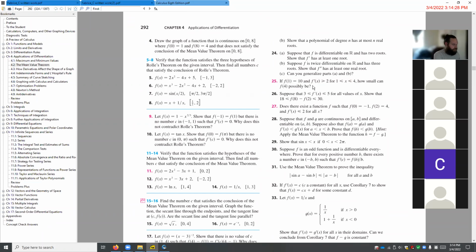So if f of 1 is equal to 10, f prime is at least equal to 2. How large can f of 4 be?